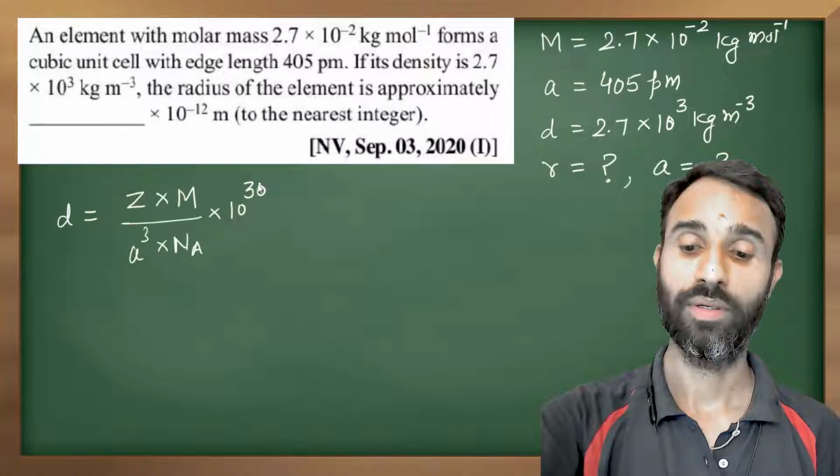To find that we have to calculate Z. Z is the number of spheres per unit cell. If Z comes out to be 1, then it is simple cubic. If it comes out to be 2, then it is BCC, and if it comes out to be 4, then it is FCC, right?